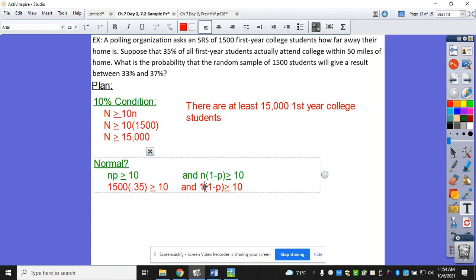So then here I'm also doing 1500, and now I'm doing 0.65. What is 1500 times 0.35? So how much is left?